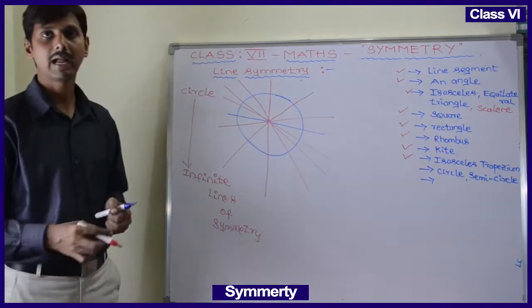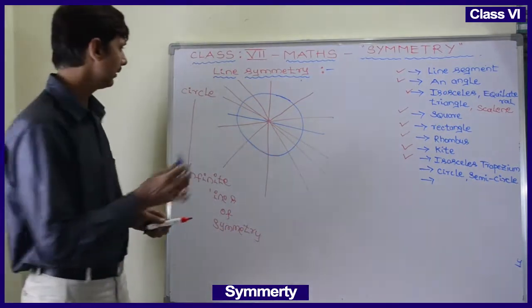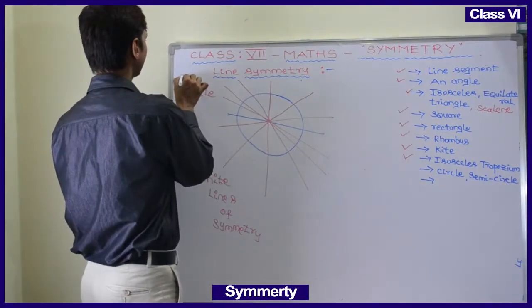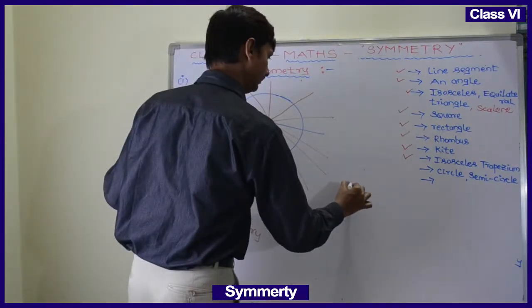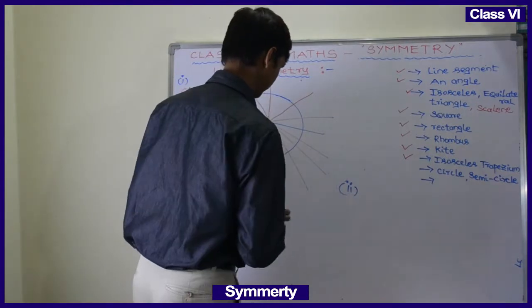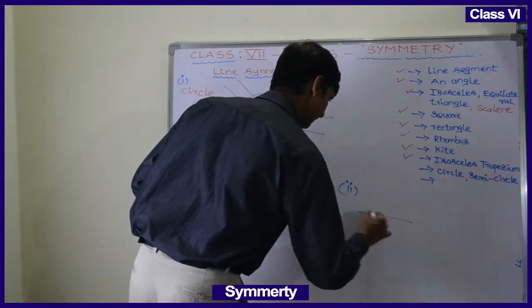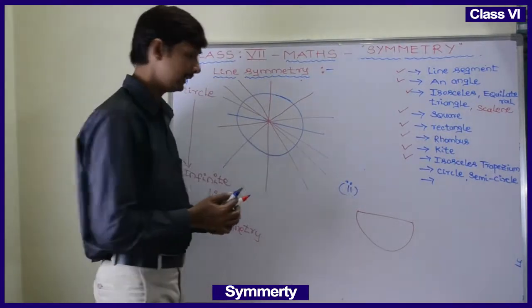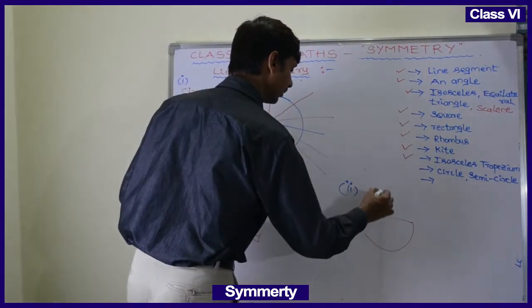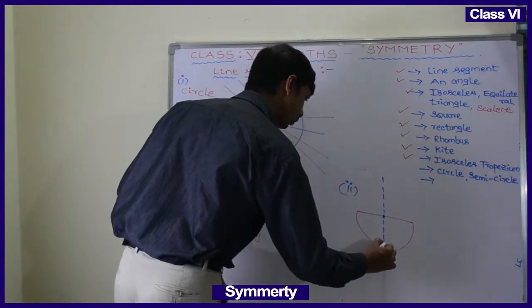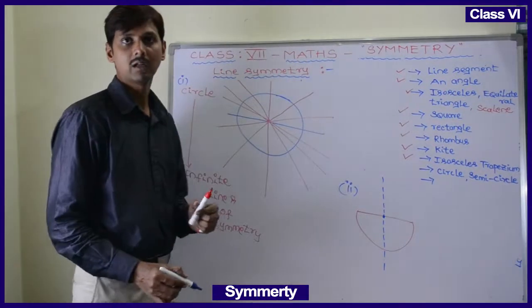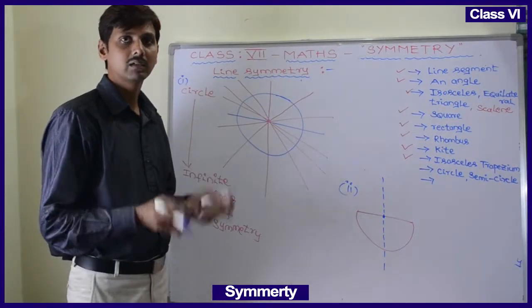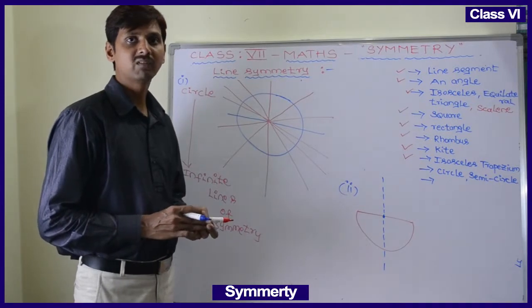So let's take a semicircle. A semicircle is taken. Through the center of the semicircle, only one line can be drawn, which will divide it into two equal parts.